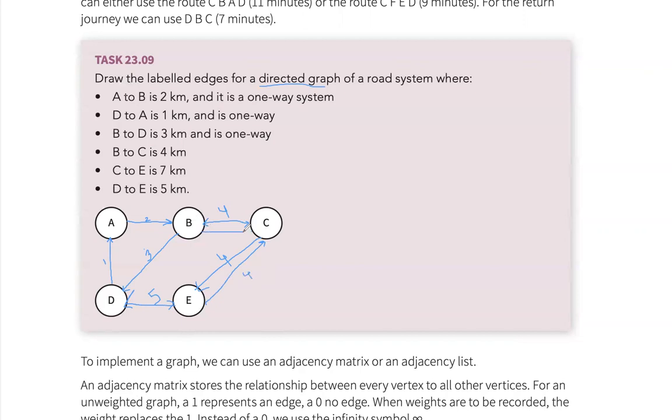We draw another line in this direction, like 4, and we will erase this and call this line directed, pointing towards the other direction, like so.